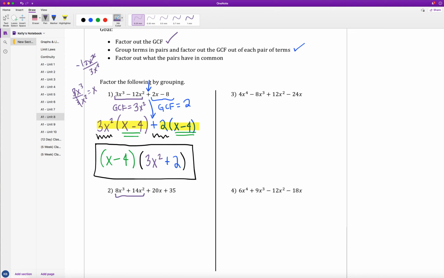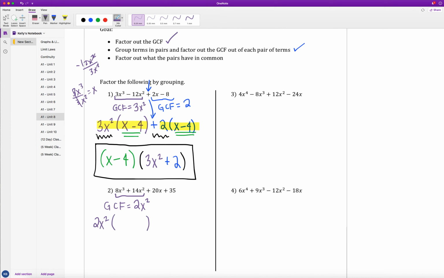I'm going to group the first two together, and we need to find our greatest common factor there. What would the greatest common factor be between 8x cubed and 14x squared? Our greatest common factor here will be 2x squared. So we can factor a 2x squared out of the first two terms only.